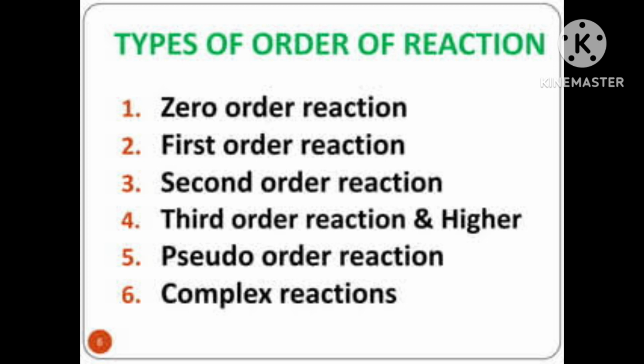Then what can you tell about the overall order of the reaction? 2 plus 1, 3. The order of reaction is 3. But seeing the balanced equation, 2NO plus O2 giving 2NO2, how many reactant molecules are taking part? 2NO plus O2, so 2 plus 1, 3.